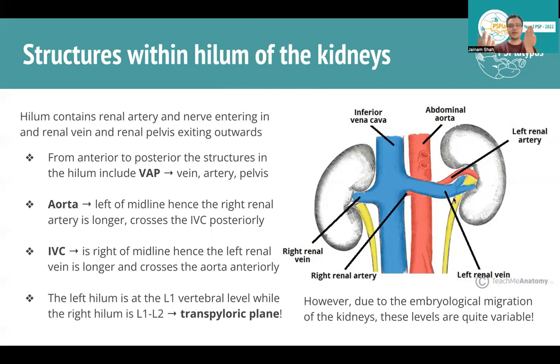Now, it's not always anterior-posterior. If you follow the IVC further down, I think it becomes a bit more posterior. But the main point is that at the level of the kidneys, this is what the arrangement looks like. And this has implications because if you have, for example, a very large abdominal aortic aneurysm, it grows and grows and can actually constrict or compress the left renal vein.